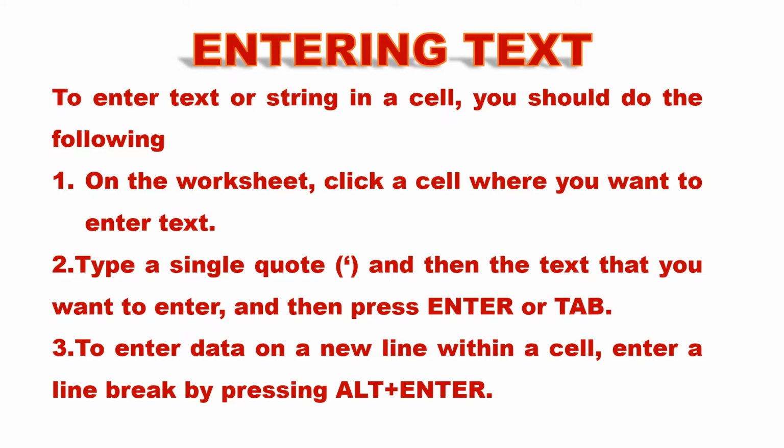After completing the entry of the characters, you may press either the Enter key or the Tab key to move to another cell. If you want to enter multiple lines within a single cell, then you can insert a line break by pressing the keys Alt and Enter simultaneously.